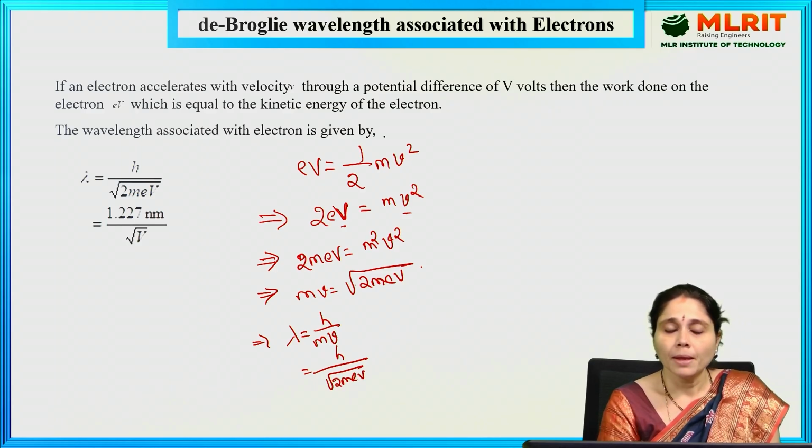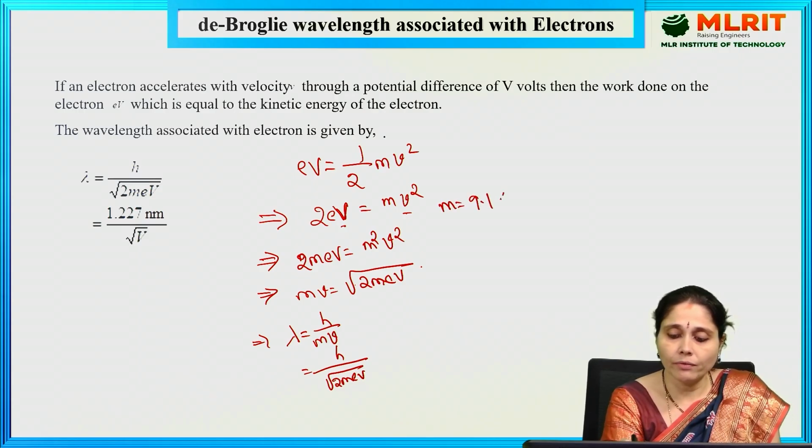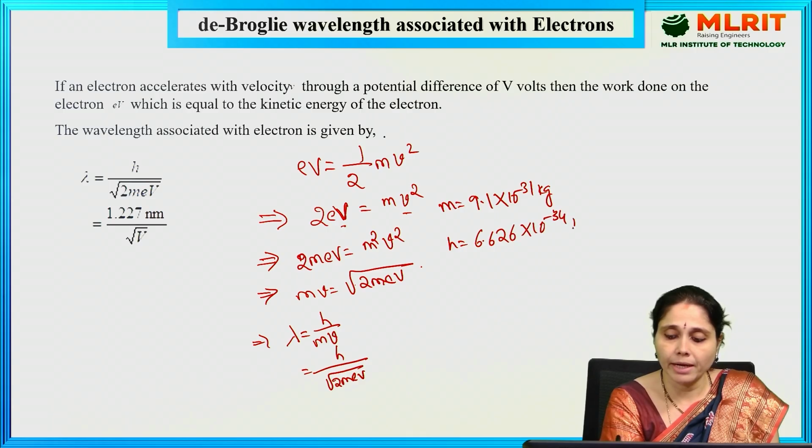Got it? Now substituting the values: the mass of an electron is 9.1 into 10 to the power of minus 31 kg, h is Planck's constant 6.626 into 10 to the power of minus 34 joule second, and e is the charge of an electron, 1.6 into 10 to the power of minus 19 coulombs.